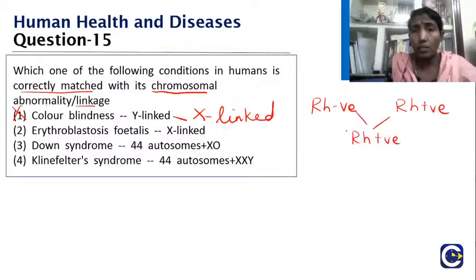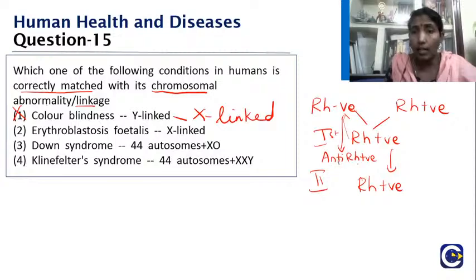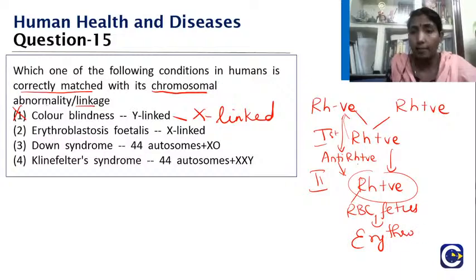Now what happens during the first pregnancy, some amount of the blood might leak into the Rh negative mother. She will develop antibodies against this Rh positive blood. If the second pregnancy is also Rh positive, then these Rh antibodies will enter and destroy all the RBCs of the fetus, bringing about erythroblastosis fetalis. It is also called Kernicterus.